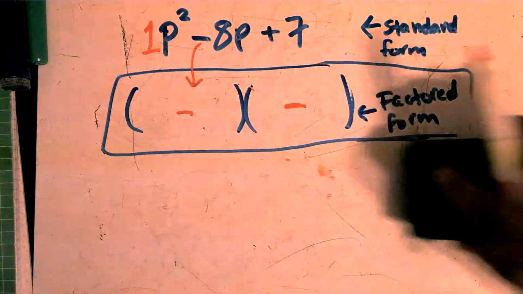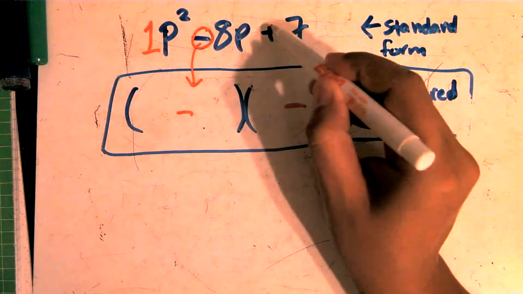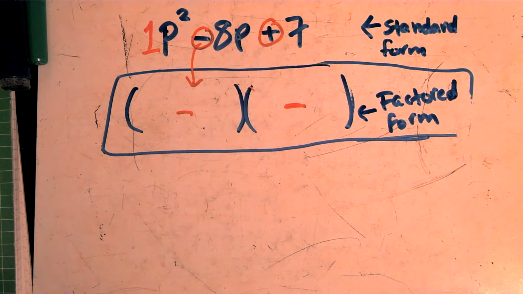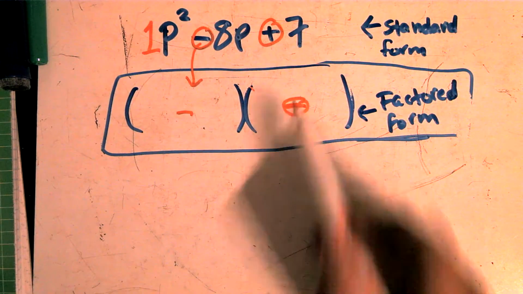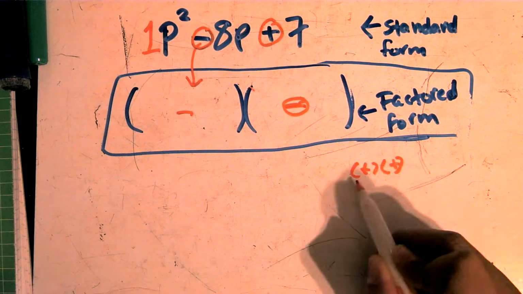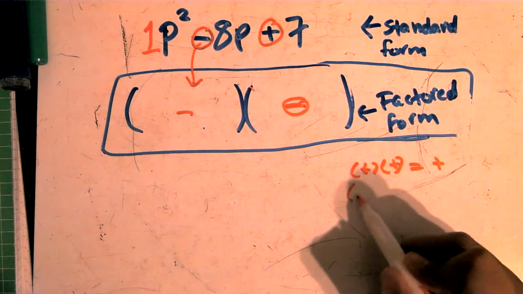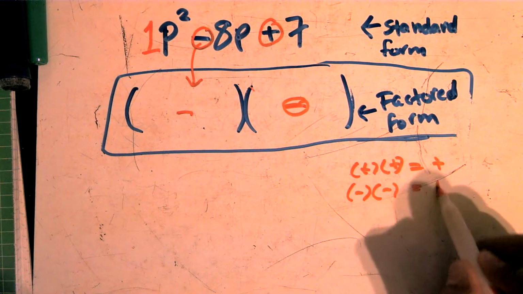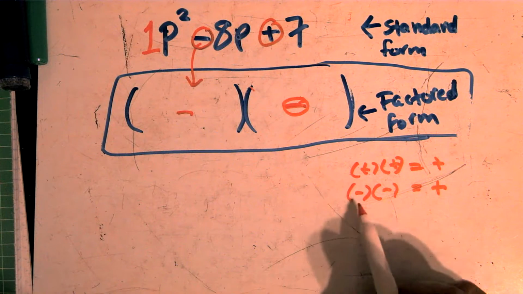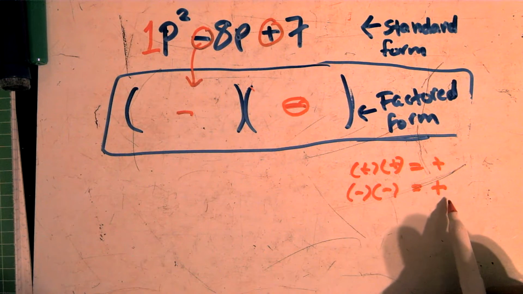So in other words, if the signs in the original trinomial are different, then you can have a negative number here. Because if you multiply two of the same signs, two positive numbers, your answer is going to be a positive number. If you multiply two negative numbers, your answer is going to be a positive number, because negative times a negative is positive, like negative 2 times negative 2 is positive 4, for example.